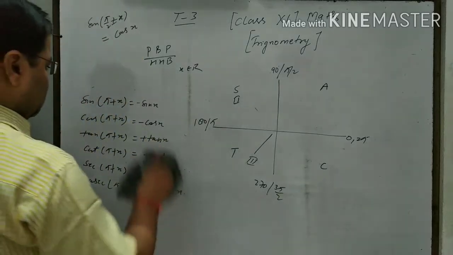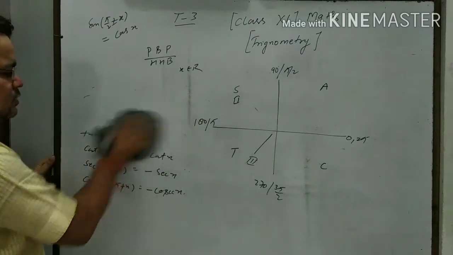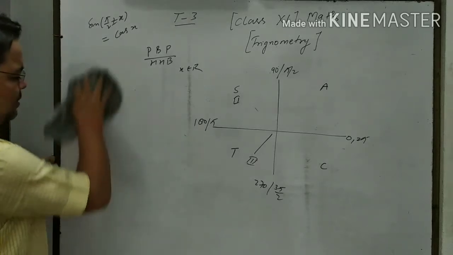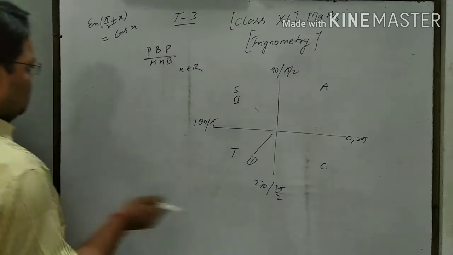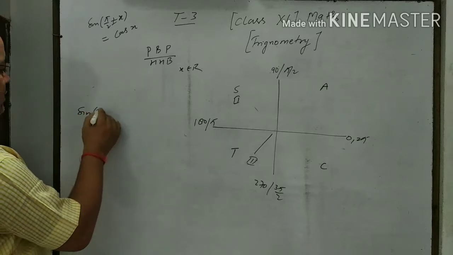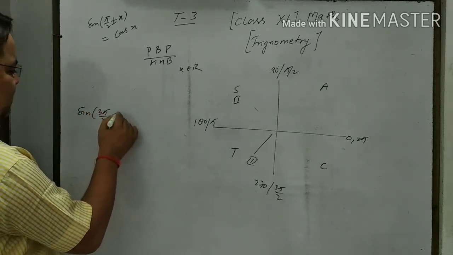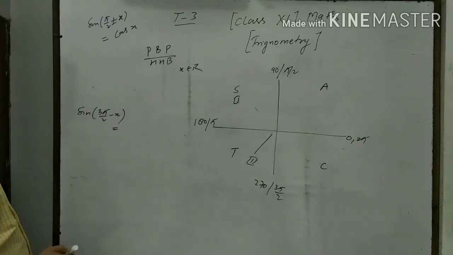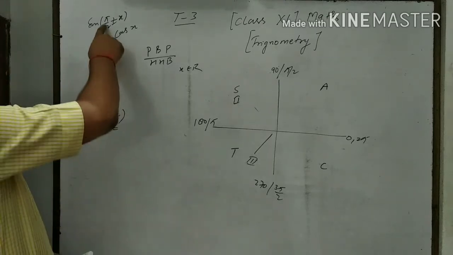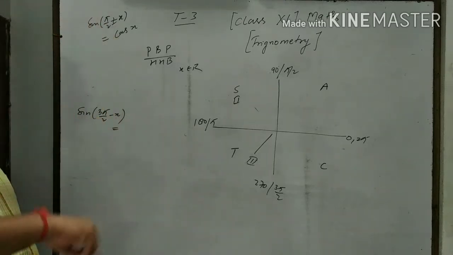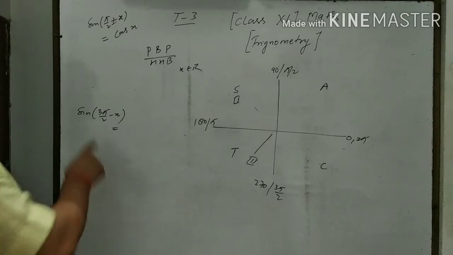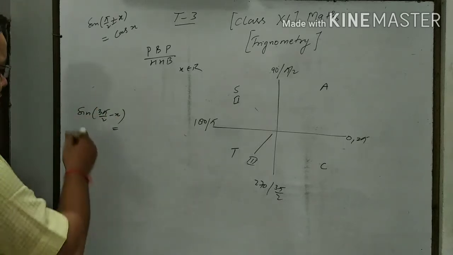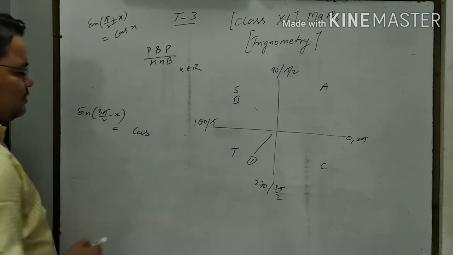we can also write 3 pi by 2 and 2 pi like that, just like here sine of 3 pi by 2 minus x. Here you can understand, if it is pi by 2, 3 pi by 2, 5 pi by 2, then it will change, and sine will become cos.